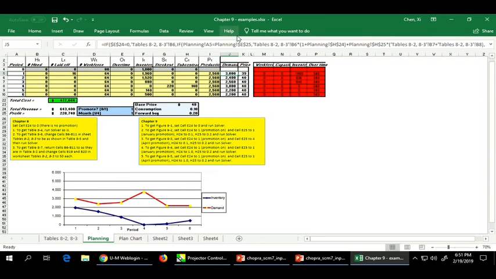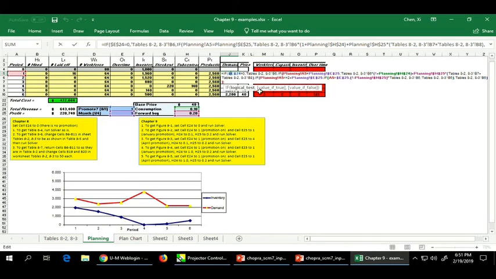Then we have demand side. So demand depends on the base demand, which is given in this table here. And also, is there a promotion in the current period? And what is the consumption parameter and what is the forward buying parameter?